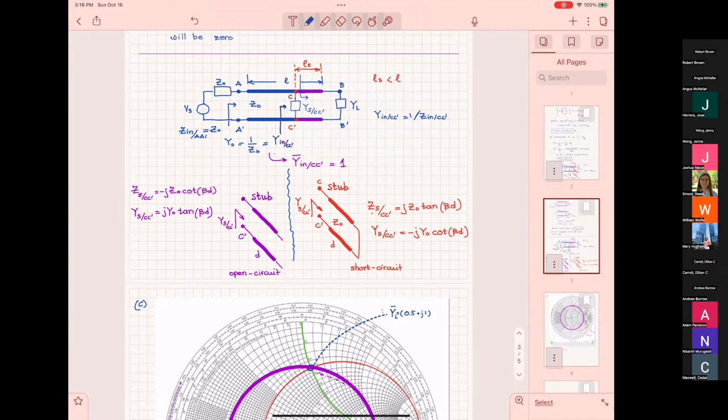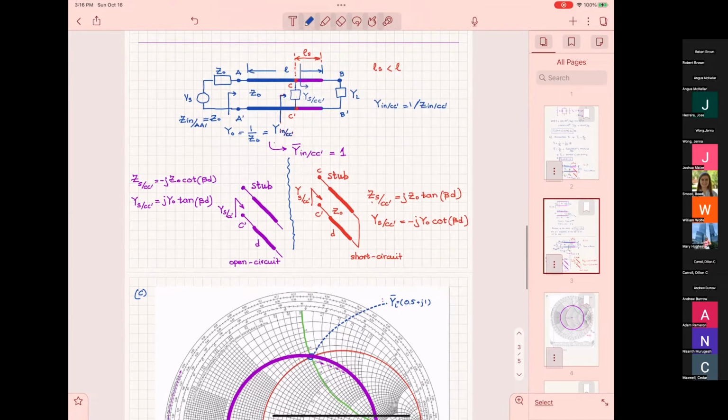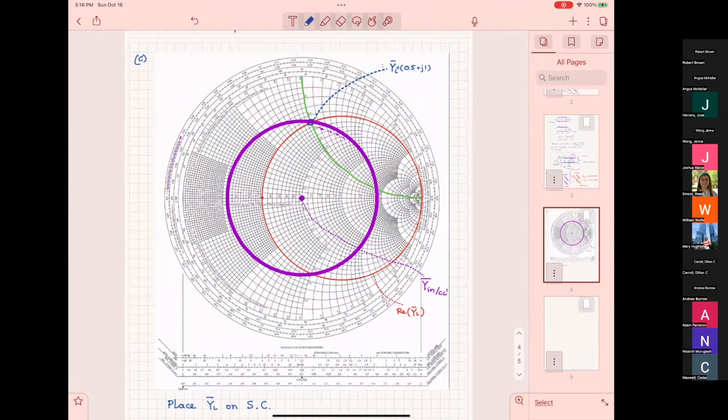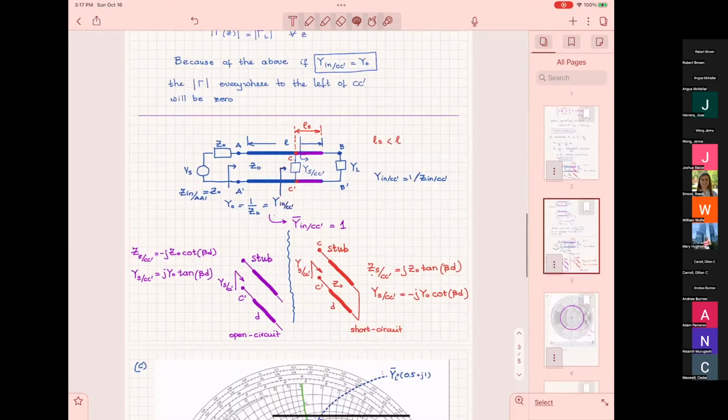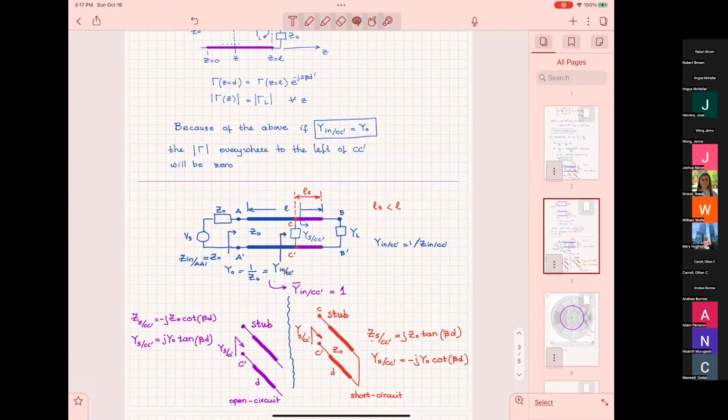Because when I move, remember, Y_L is this point, I can move on the purple circle only. But wherever I stop, I have to make sure that the real part of normalized Y_L is equal to 1, meaning that the real part of Y_L is equal to Y naught.